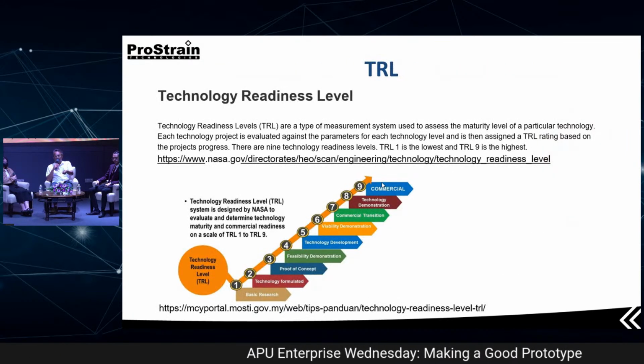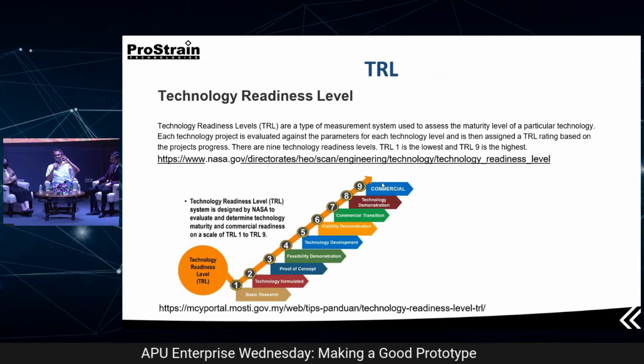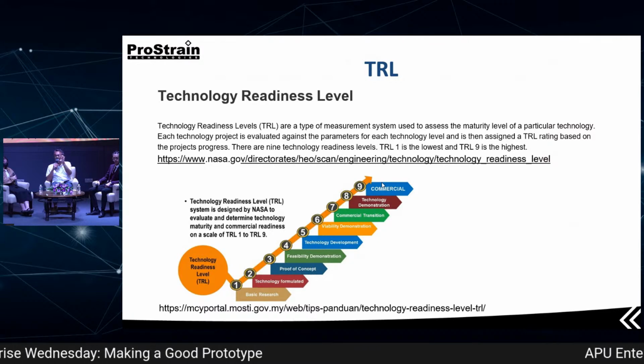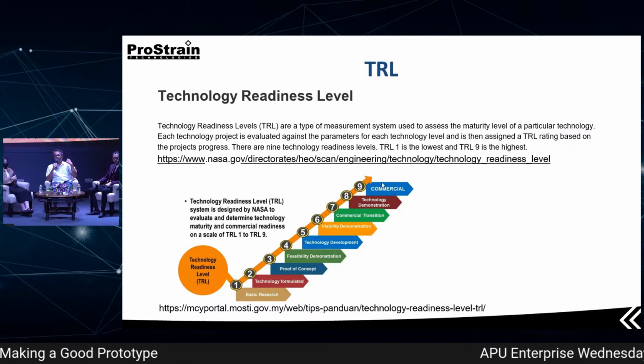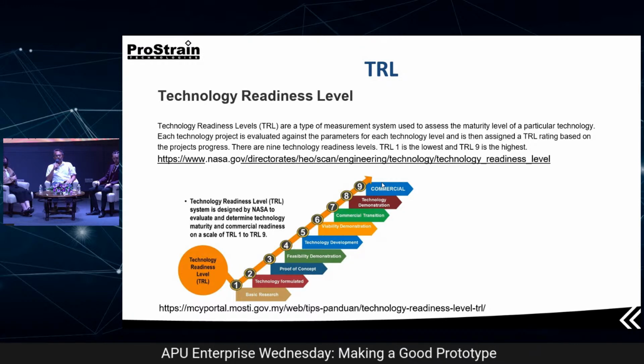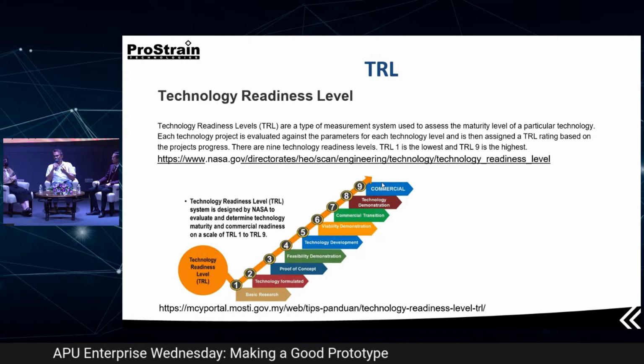Now, whenever we talk about product and prototype, there are some gauges. How do we gauge the level of a product or prototype? We call it TRL, Technology Readiness Level.